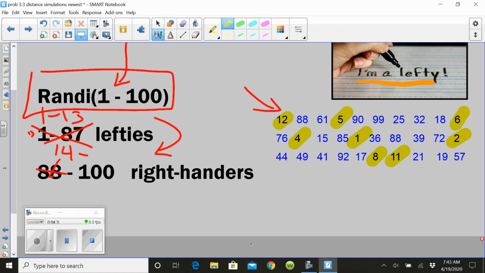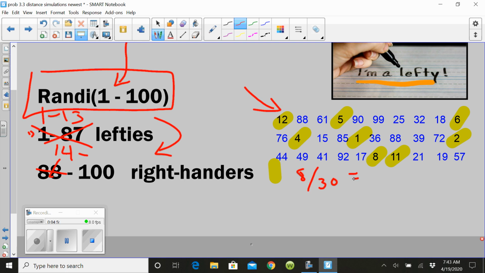So now I'm going to interpret this. 1, 2, 3, 4, 5, 6, 7, 8. 8, whoops, sorry. 8 out of 30 are lefties. So I'm going to take my calculator and go 8 divided by 30.